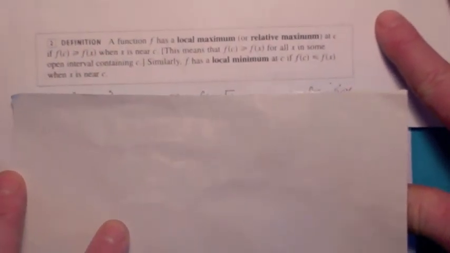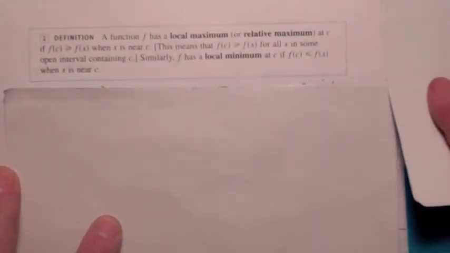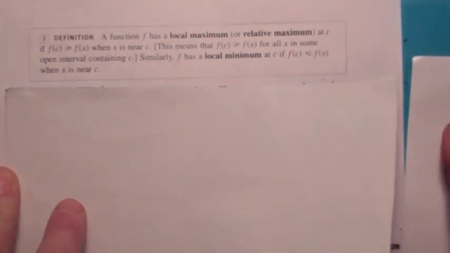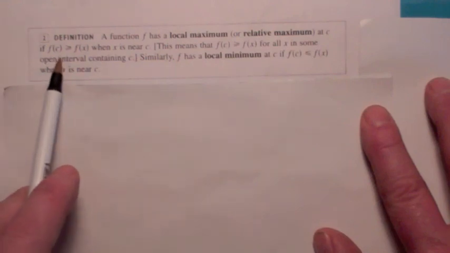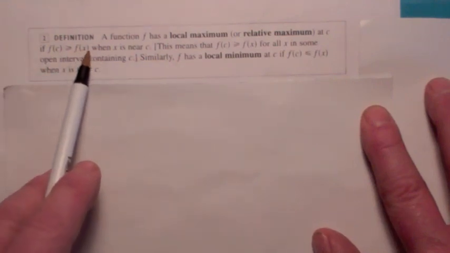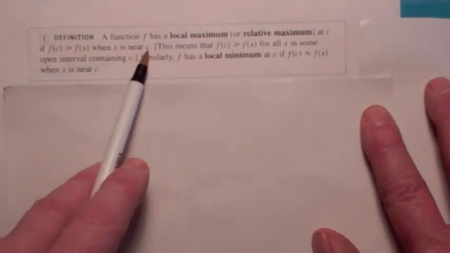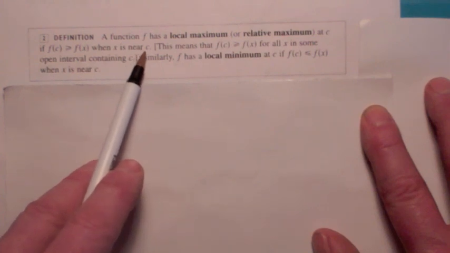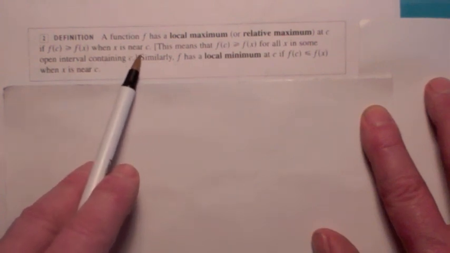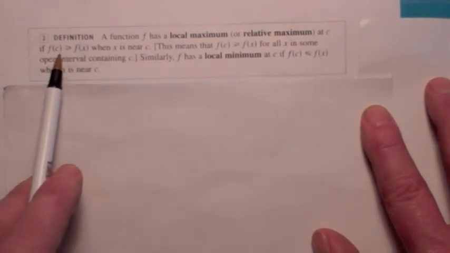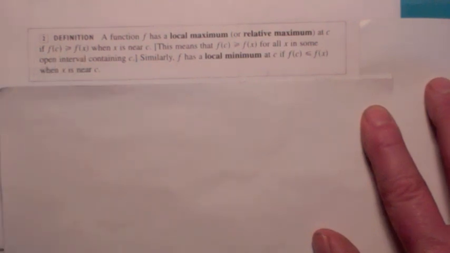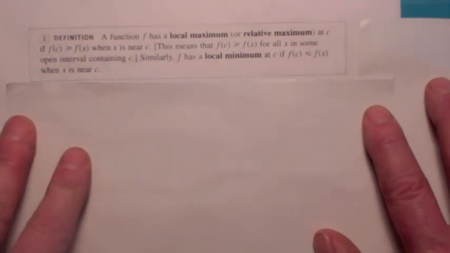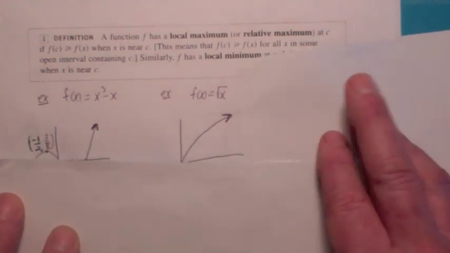For the local max or min, you're not looking at the entire domain. f of x has a local max at x equals c if f of c is greater than or equal to f of x for all x near c. And what that means is in an open interval around c on both sides, f of c has to be greater than all the other f of x's. So think of it like a turning point, basically.